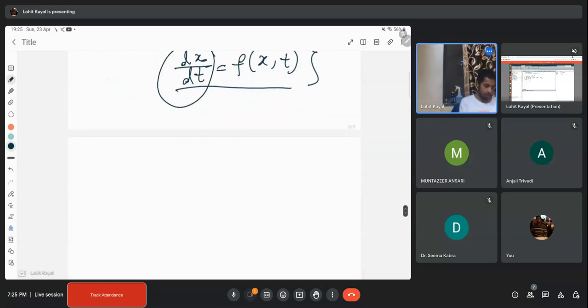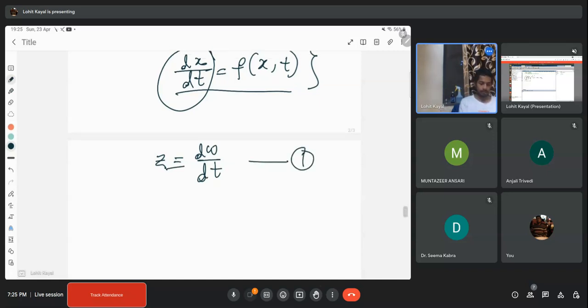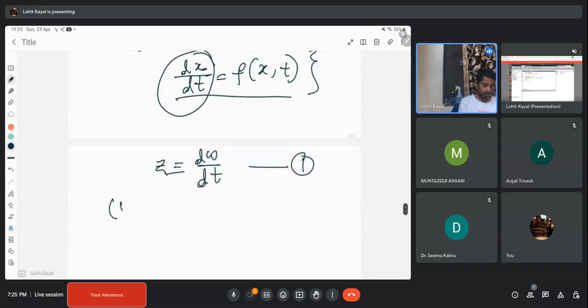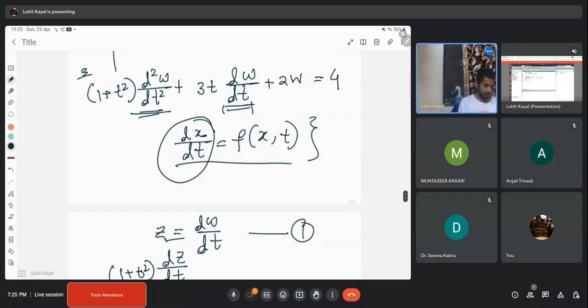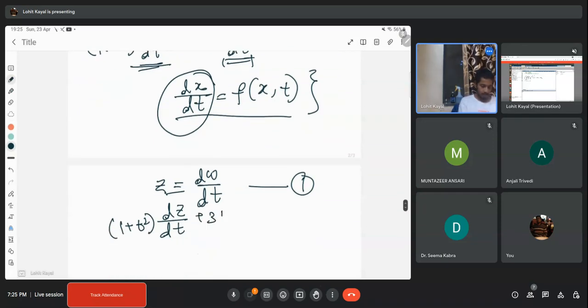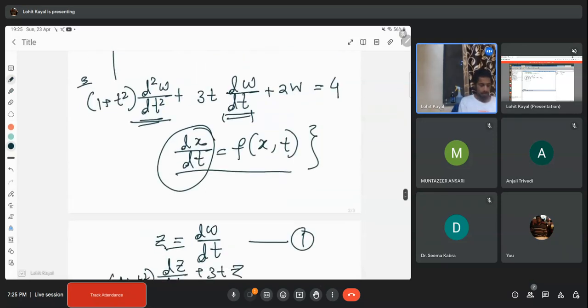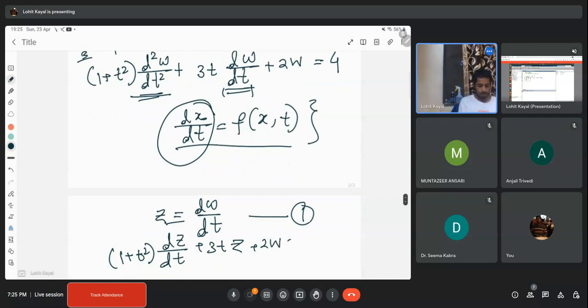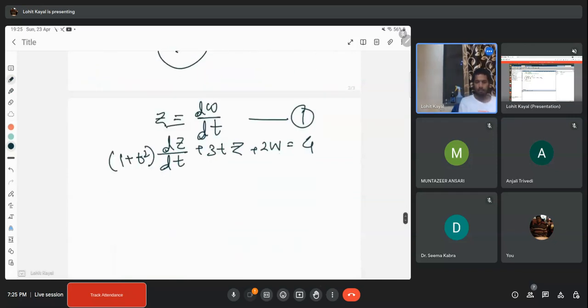So how to do that? Let us define another variable z. Let us define z equal to dw dt. So this is one equation. And the second equation would be 1 plus t square dz dt plus 3t z plus 2w equal to 4.